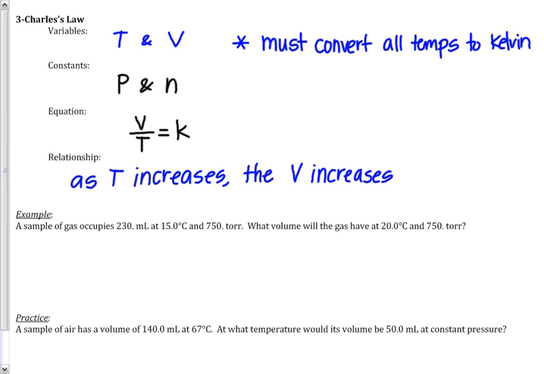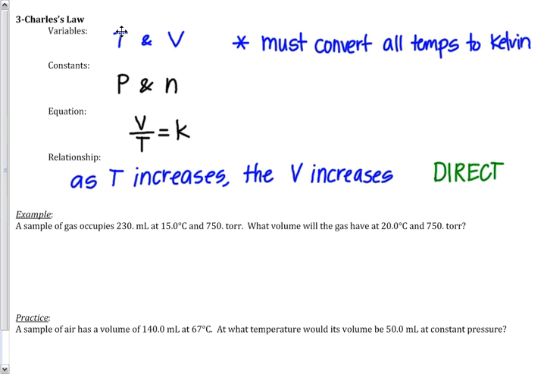If you fill them in a normal room temperature room, but you bring them outside in the cold winter, the volume of the balloons shrinks because the temperature went down. But the minute you bring them back inside a warm house, they're going to expand again. So when the two variables both go in the same direction, if temperature increases, volume increases, we call that a direct relationship. That is different than the relationship we studied yesterday, but that's how volume and temperature are related.